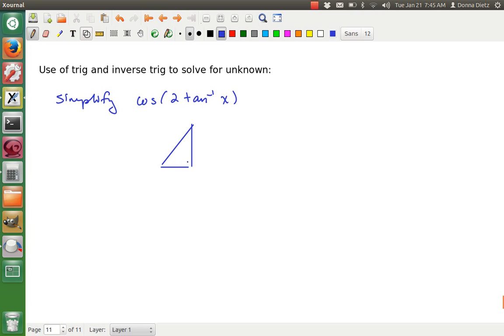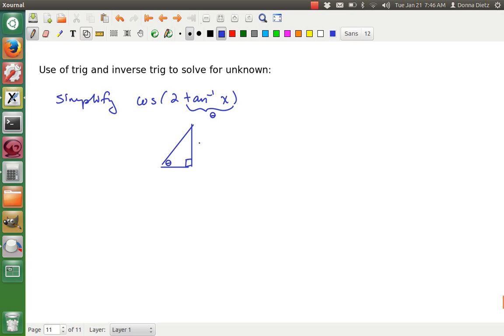Okay, so we have cosine of 2 times an angle whose tangent is x. Okay, so angle whose tangent is x is going to be what theta is.